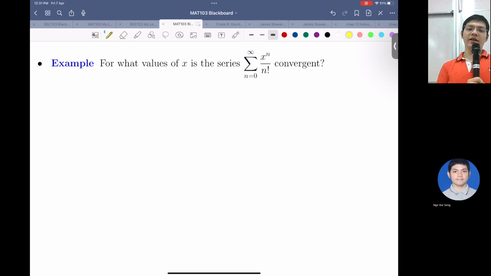This is also why I like the ratio test a lot. It is used in this text as well.